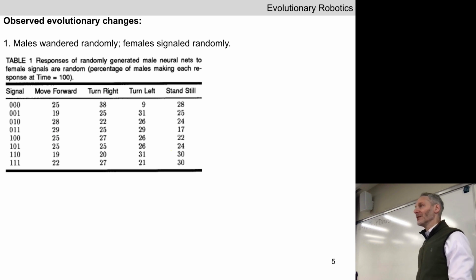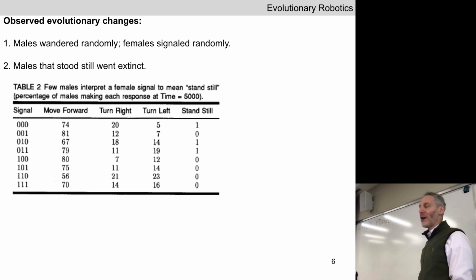They're moving randomly, right? They're controlled by random neural networks. Pretty much a quarter of the time, males do one of their 4 actions. That's it, right? So this is a sanity check. This is what you would expect from all the descriptions we've given of the experiment so far. No evolution of mating, no evolution of communication, no nothing yet. This is the starting point.